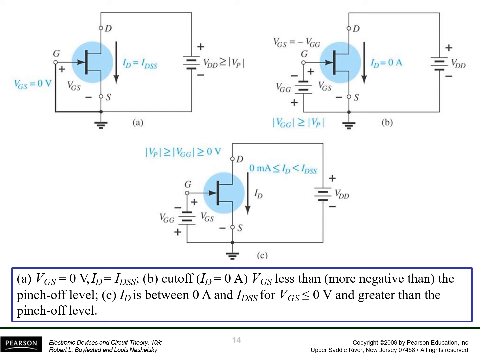As we go on increasing the voltage between the drain and the source, it would increase, and the ID would saturate at a certain point. Depending upon the higher and higher values of VGS, the saturation current becomes smaller and smaller.